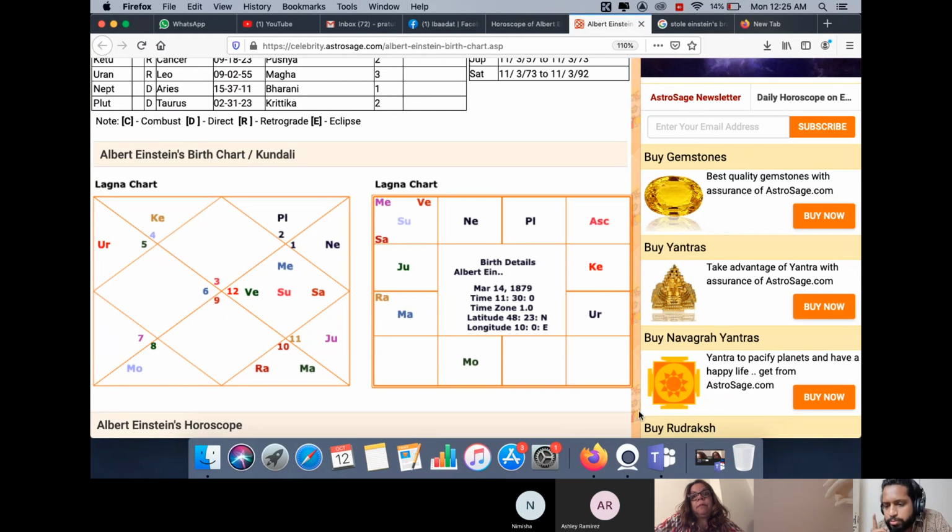That means Rahu. Once again, army and who else? Scientists and the soldiers. These are the two communities who have benefited from his work. That's how you make a prediction in a nutshell.